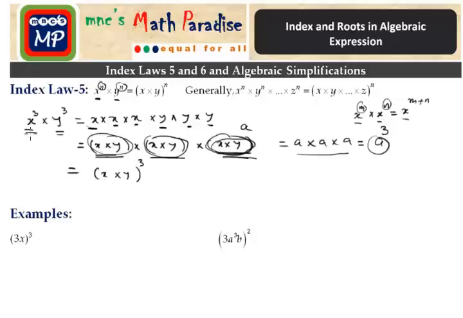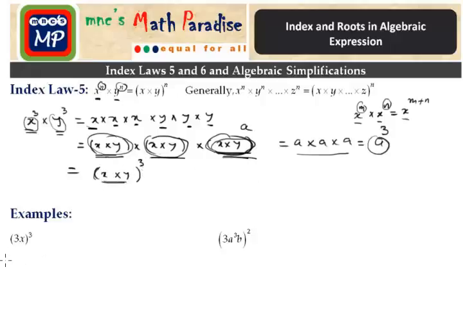So we can deduce that if two different bases with the same power are multiplied, then we can bring these two bases together as a multiplication and then raise it to the same power. Or alternatively, if two different bases are multiplied and we have a common power, then we can distribute this power on each of the bases.